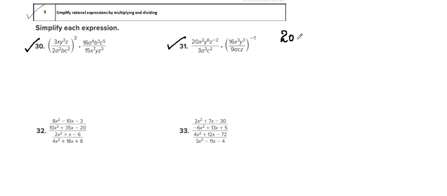20, you can write x 2 times, y you can write 6 times. This is the easiest method I'm telling. Y is 6 times: 1 2 3 4 5 6. Z is minus 2, so swap it.